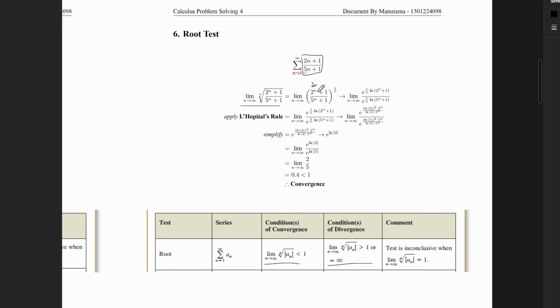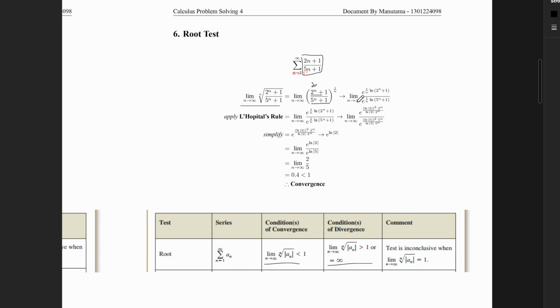Basically, if we have this 2n plus 1, we can change this equation into an e to the power of form. So 1 over n becomes this: e to the 1 over n times ln of this, and in the denominator we're going to use this one, 5n plus 1.